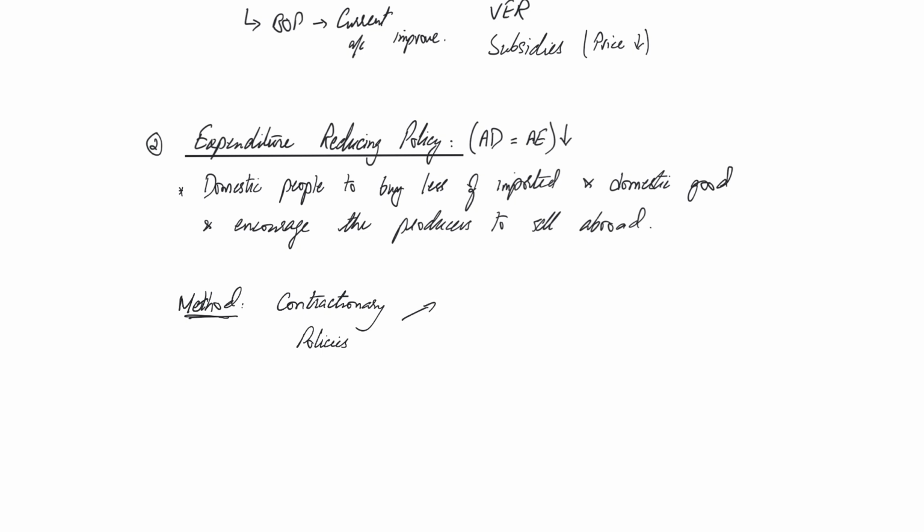If you remember, contractionary policies mein you had the fiscal policy, which had government spending and taxes. So since you are following a contractionary policy, you want the economy to slow down, you want government spending to fall, and you want the taxation to rise.